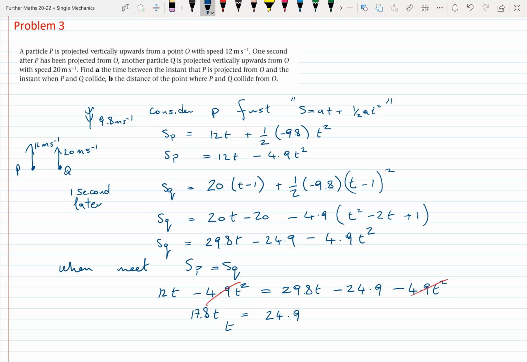So that gives us t is equal to 1.40. It was 1.398 something, but 1.40 to three significant figures.